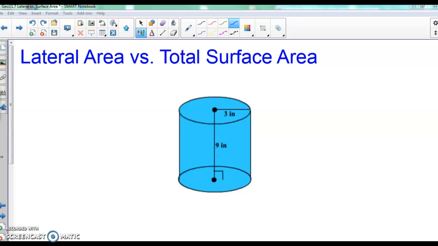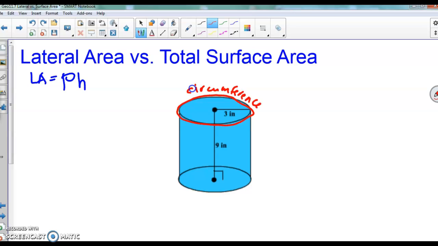Now we have a cylinder. We'll do the same thing. For the lateral area, LA is equal to perimeter times the height. But remember, the shape of the base now is a circle. So to find the perimeter of the circle, you're actually finding the circumference, because that's the distance around the circle. That's why when you Google formulas for lateral area of a cylinder, it will give you another formula in terms of pi, because the circumference of a circle is 2 times pi times r, right?